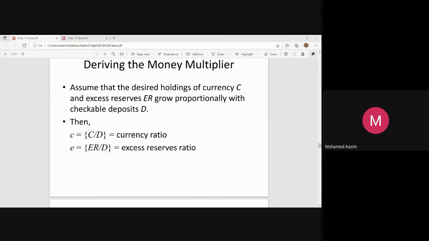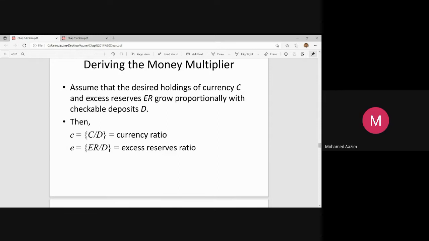Then, of course, we derive this multiplier. We will get into the details in terms of identifying the holdings of currency.